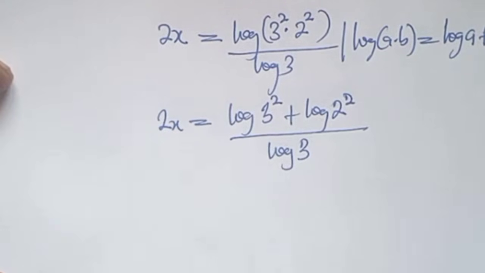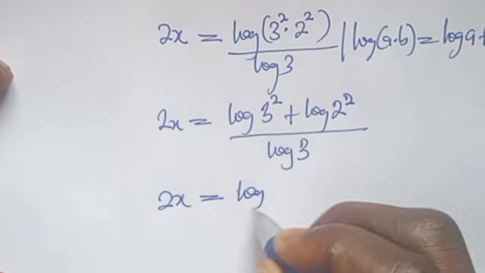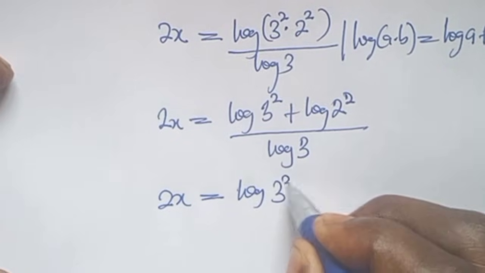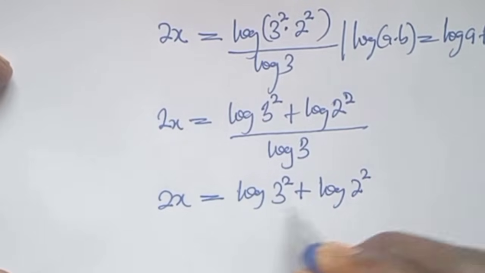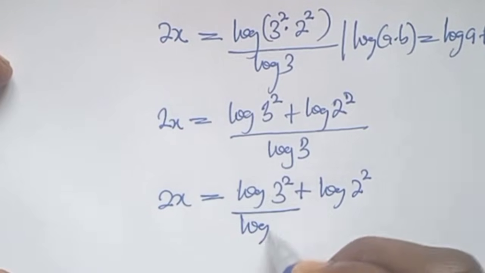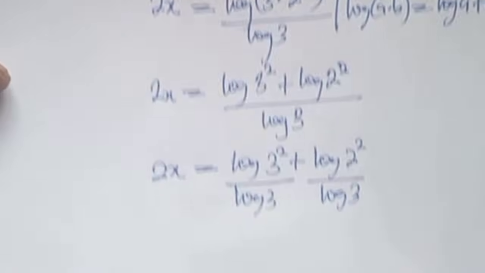And if we write this in separate fractions, 2x becomes log 3 to the power of 2 over log 3 plus log 2 to the power of 2 all over log 3.